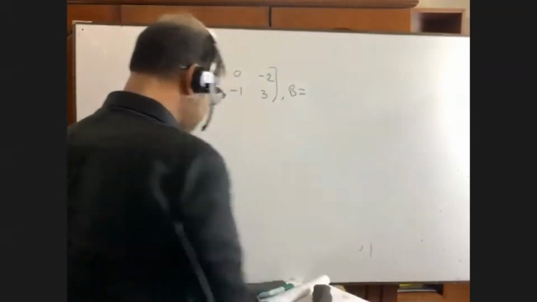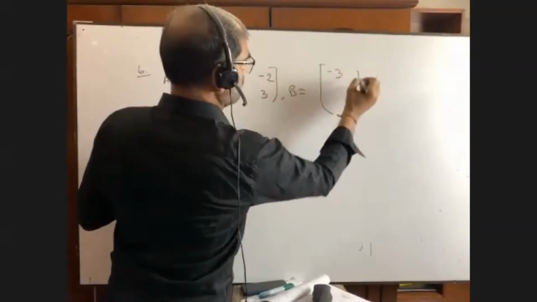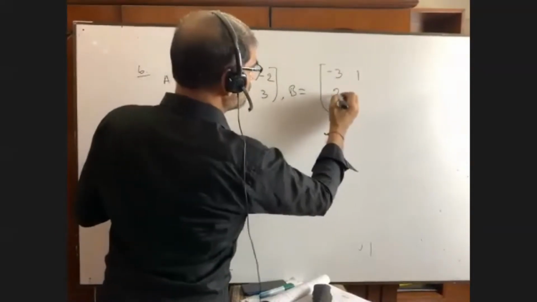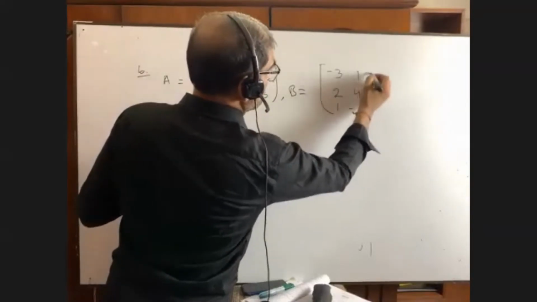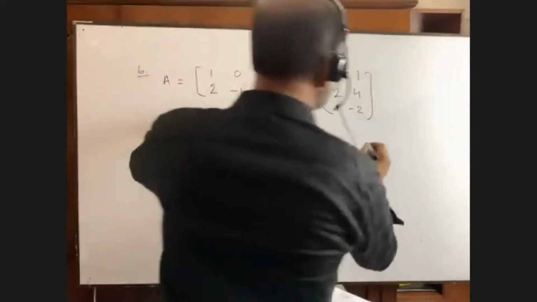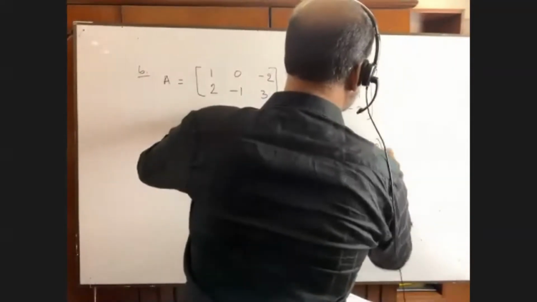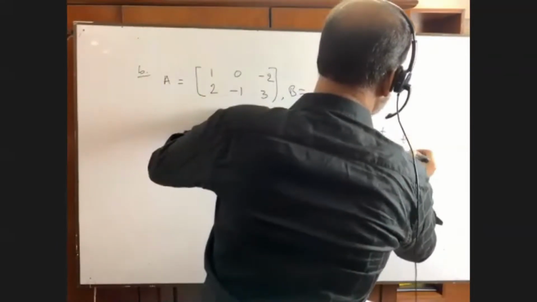You have to prove that AB whole to the power T, it is a formula, is B T, A T.